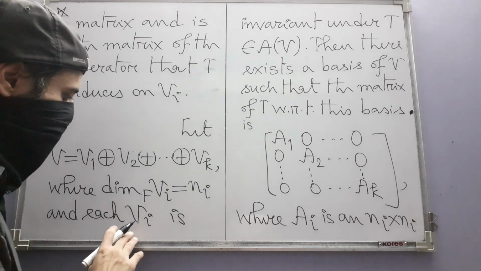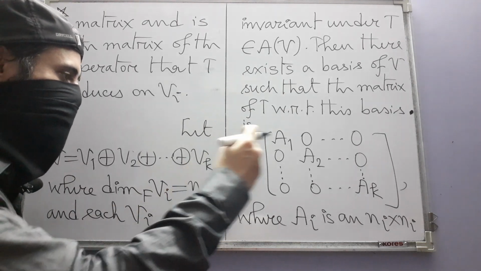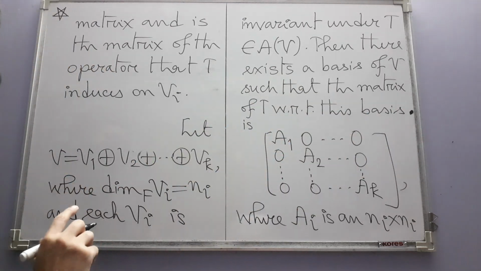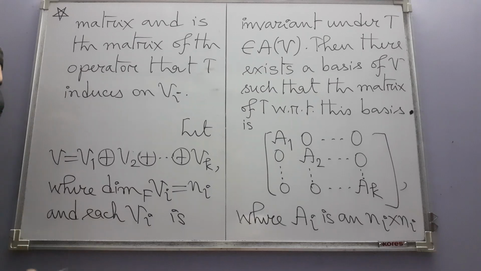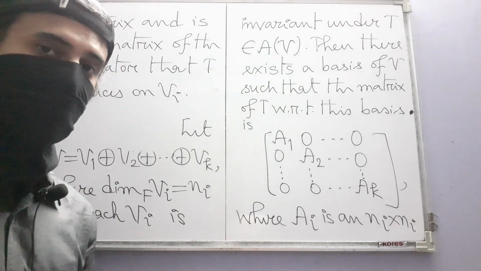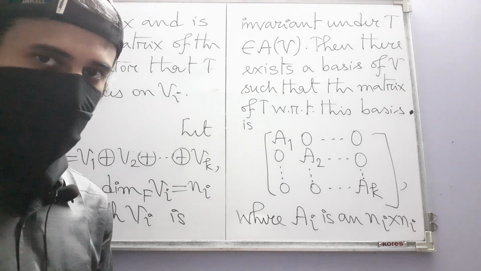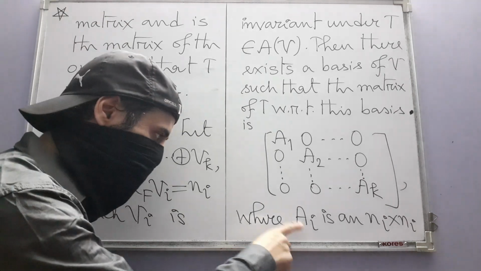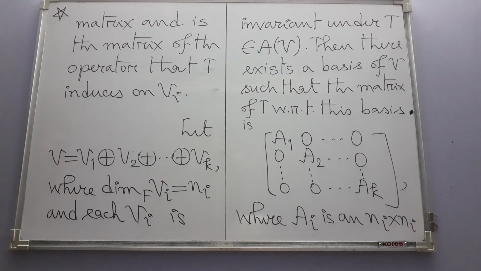But because Vi is invariant under T, you can change the codomain also from V to Vi. So then it will become an operator on Vi itself. So the restriction of T on Vi is an operator, so it will also have its own matrix. That matrix is Ai. Okay. So this is the claim.